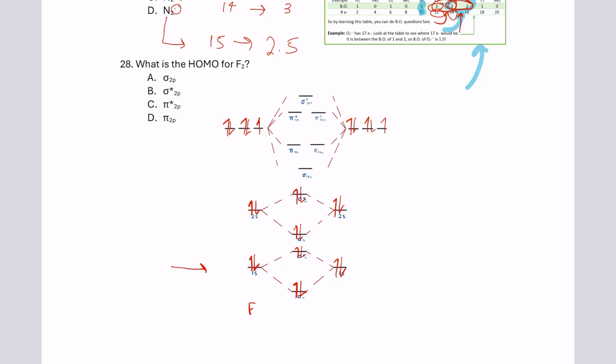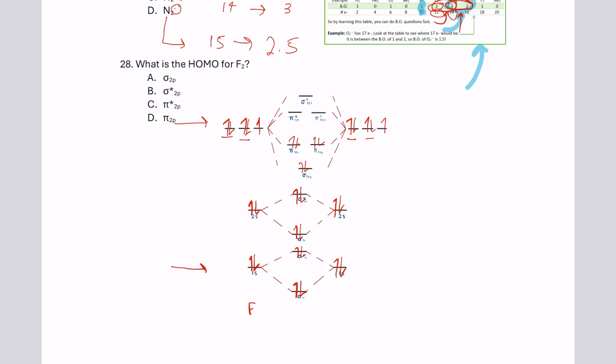Now we move into 2p. Here we have a total of 2, 4, 6, 8, 10 electrons to distribute. We'll place 2 in the sigma 2p bonding orbital. We'll place 4 in the pi 2p bonding orbitals.